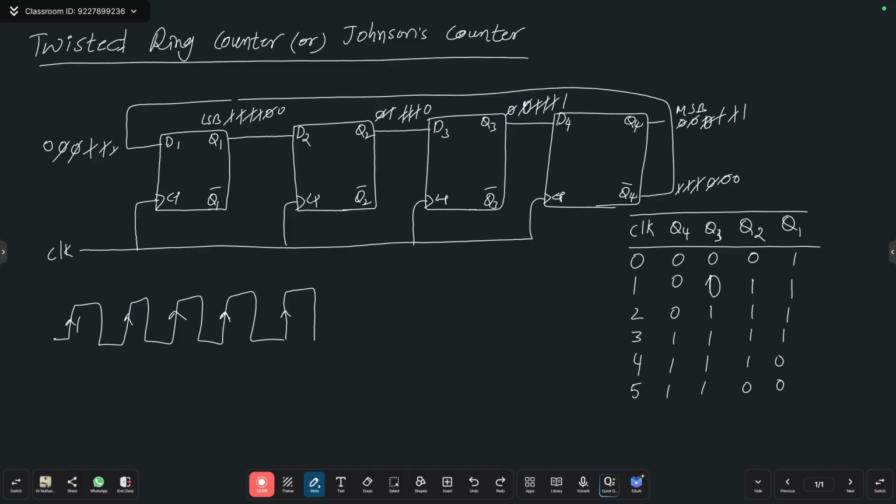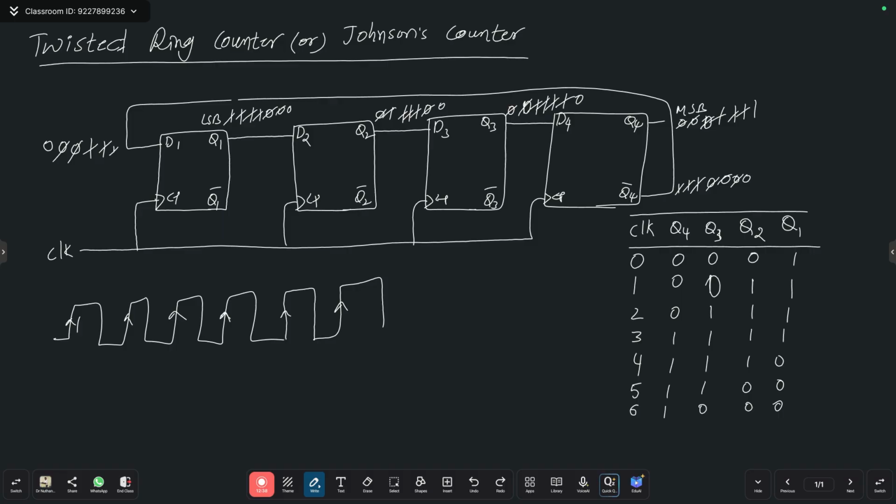When we are giving clock, then it will be ready to trigger. Okay, I have given the clock, that is 6. Then this 0 moves here, this 0 moves here, this 0 moves here, this one moves here. It is 1, it is 0. This is 0. Then what happened here? 1, 0, 0, 0. Correct?